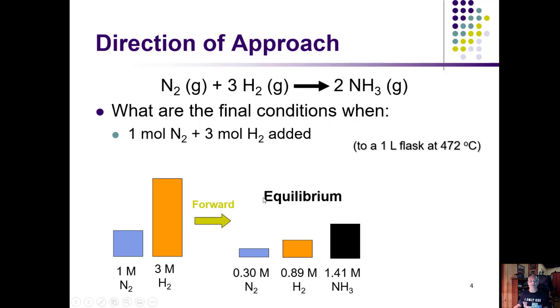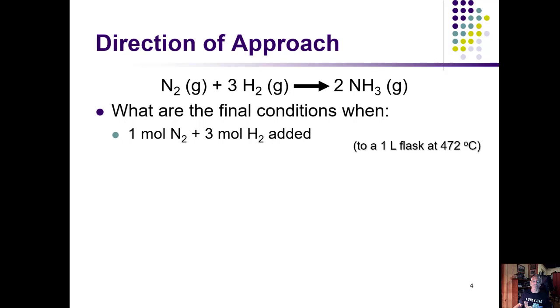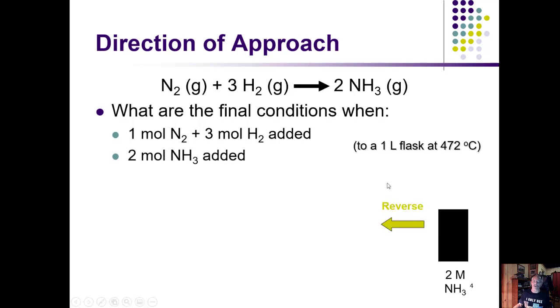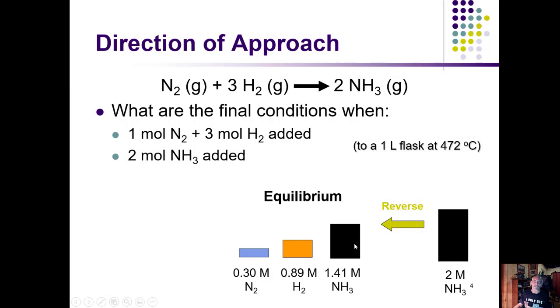Now, if this is the way an equilibrium reaction works, I could also get to the same concentrations by approaching the reaction from the reverse direction. That is, if I have the same temperature in the same 1 liter flask and I start with a 2 molar concentration of ammonia, at equilibrium, I'm going to have the same equilibrium concentrations.